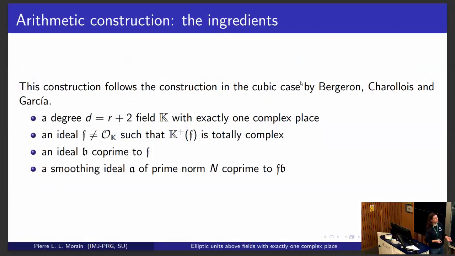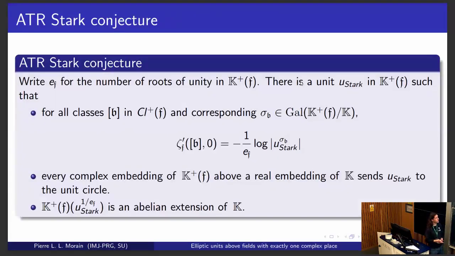And suppose that the class field is totally complex. This is to fit inside the case of the Stark conjecture, the rank 1 abelian Stark conjecture. And then we need an ideal B to represent a class in the class group, and then we need some smoothing to have better arithmetic properties.